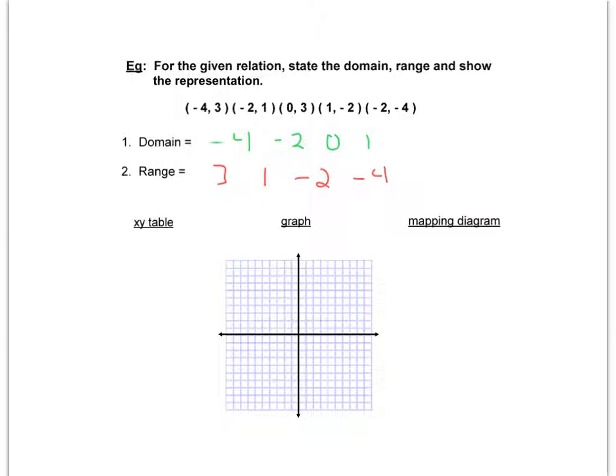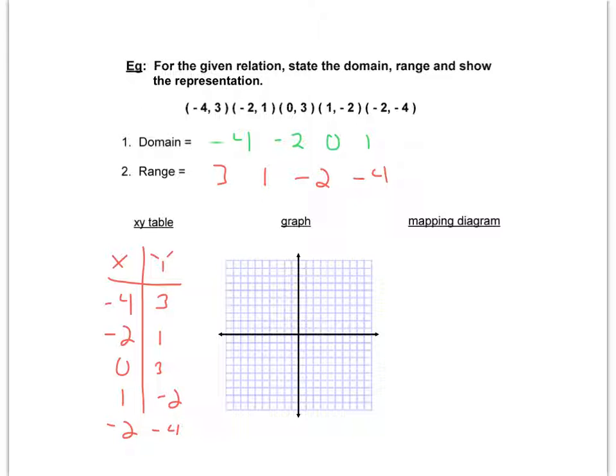If I make an xy table, I can do that. I have neg 4 and 3. I have neg 2 and 1, 0 and 3, and 1 and neg 2, neg 2 and neg 4. If I were to plot these points, I have neg 4, 3.